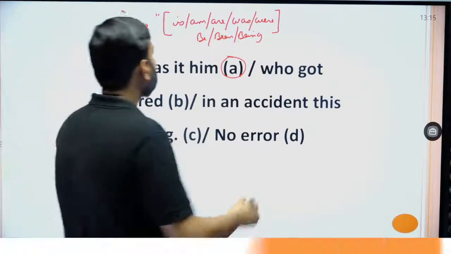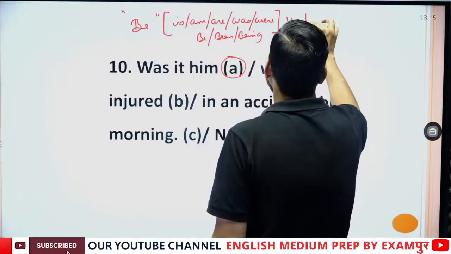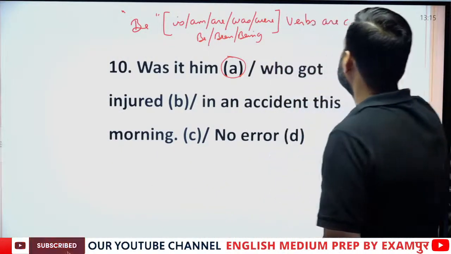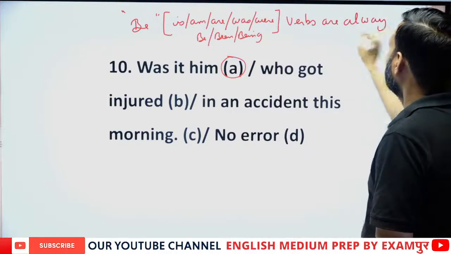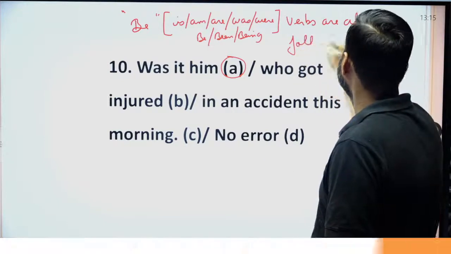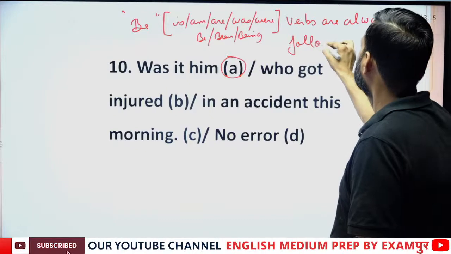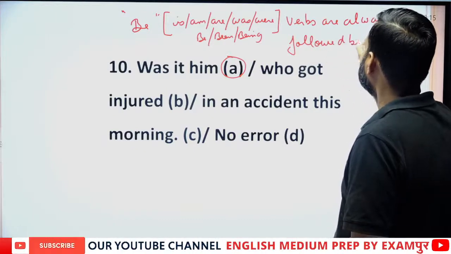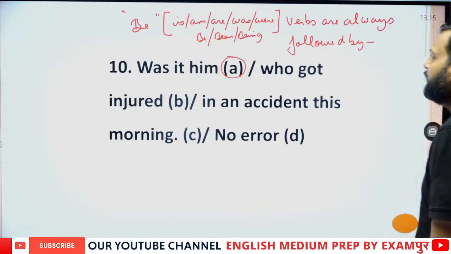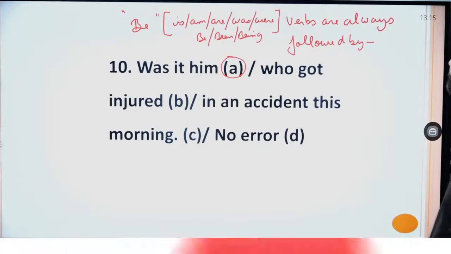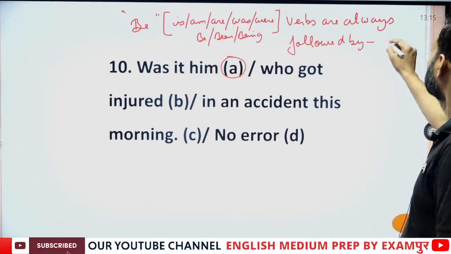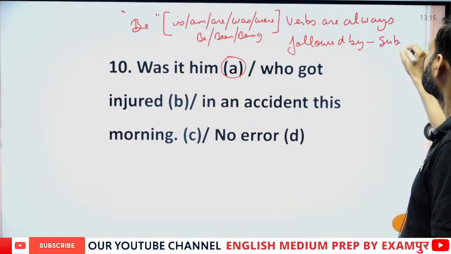Okay, so be verbs are always followed by a subjective pronoun.